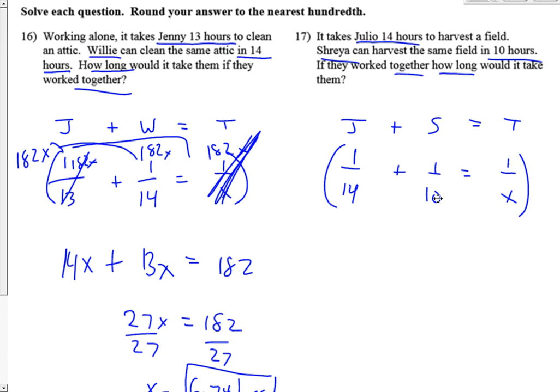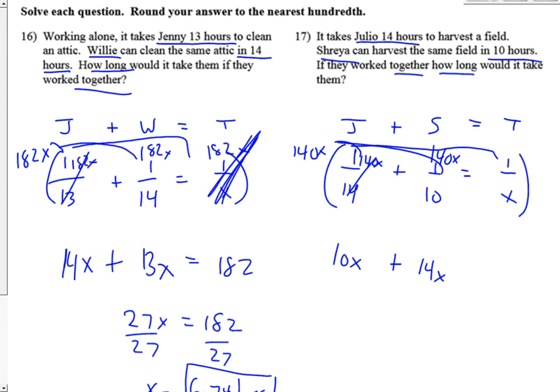So here I could take 14 times 10, and then the x, to get 140x. When I distribute here, the 140x will be divided by the 14 to get 10x. When I distribute to the second fraction, the 140x will divide by the 10, and 140 divided by 10 is 14x.